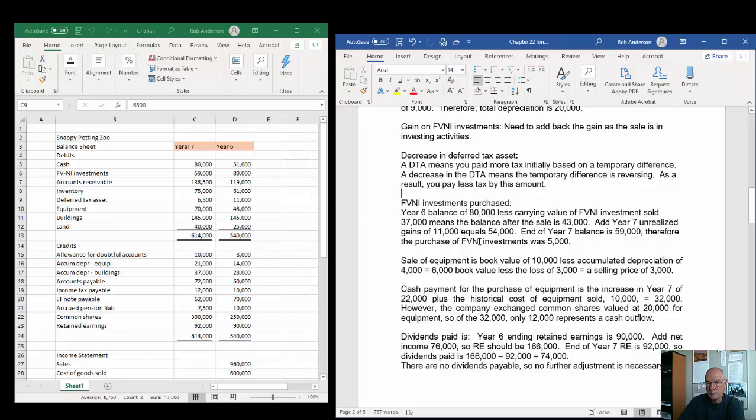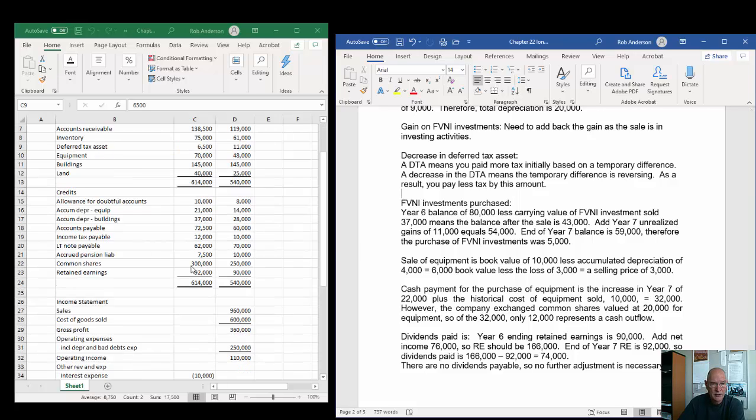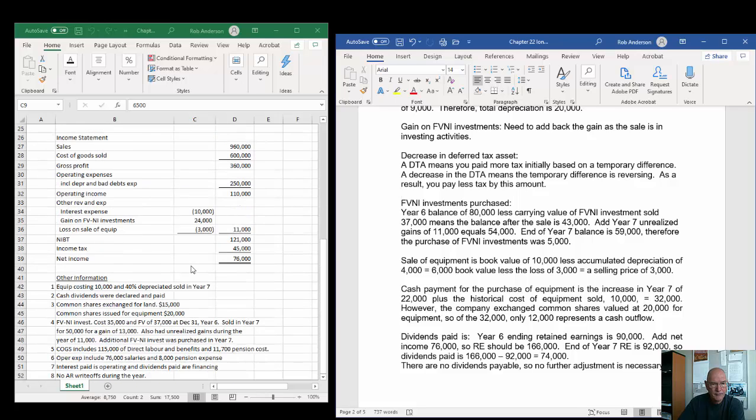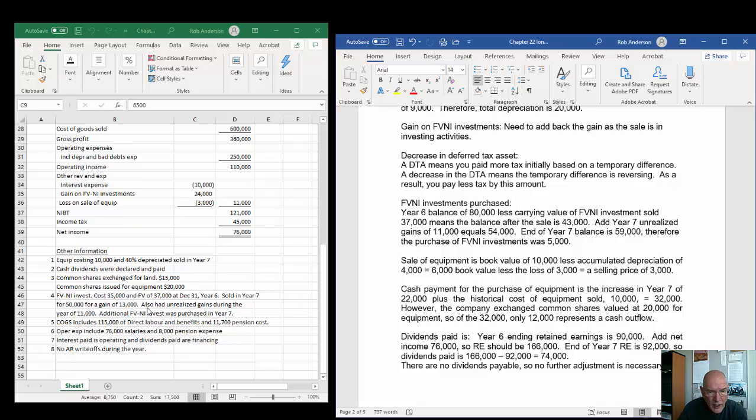So we're not done. We had an unrealized gain of 11,000. And I'm going to show you this here. Right here in other income, they're pretty nice to you. They told you the number. We have an unrealized gain during the year of 11,000.